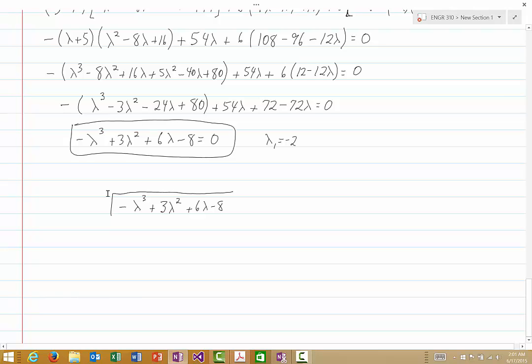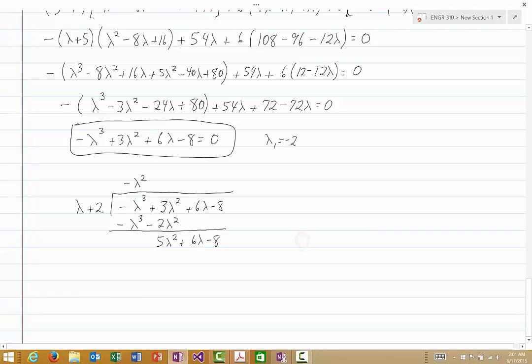So we take minus lambda cubed plus 3 lambda squared plus 6 lambda minus 8 and divide that by lambda plus 2 since the root is negative 2. And so let's see what will happen. We'll get minus lambda squared. That will give us minus lambda cubed minus 2 lambda squared. And now change the sign and add, and we will get 5 lambda squared plus 6 lambda minus 8.